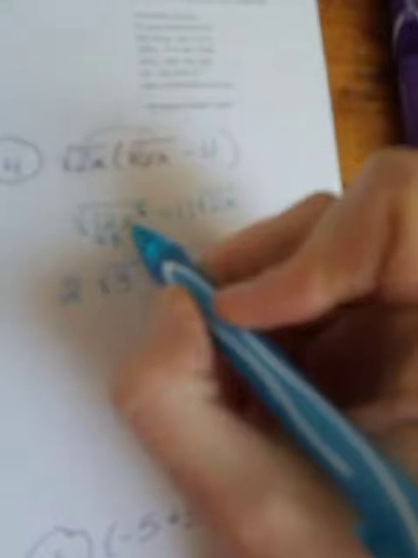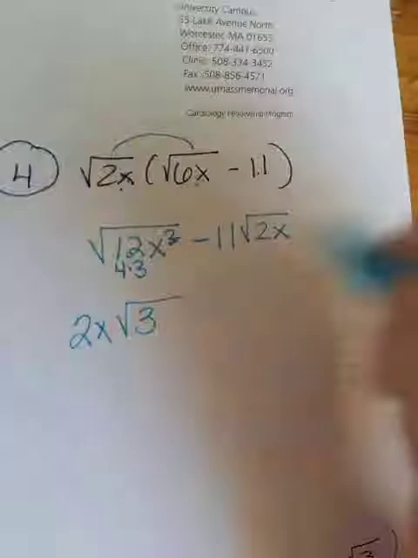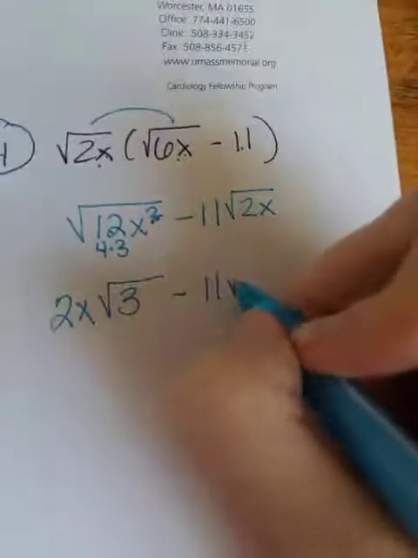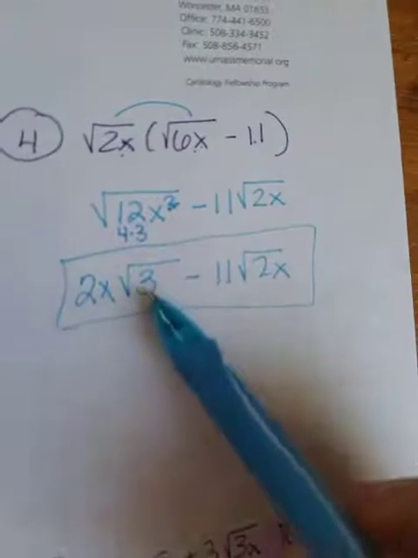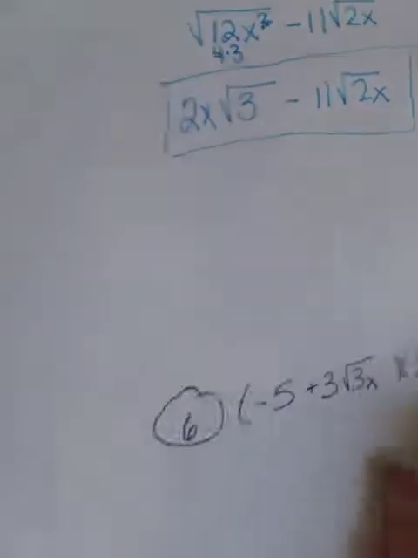I can't take the square root of 3, so that stays inside. And the square root of x squared, 2 divided by 2 is 1, so I get a 2x on the outside. And then minus 11 root 2x. This is simplified all the way, and you cannot go any further because 3 and 2x do not match.